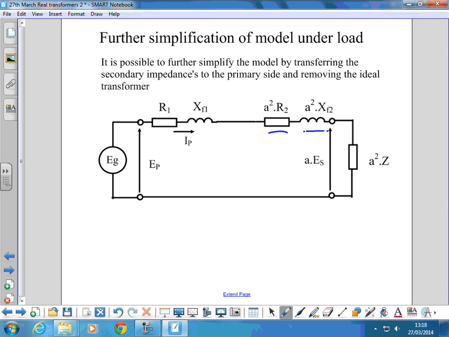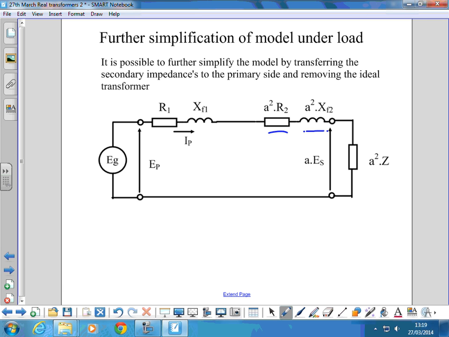We've already done some calculations using that model, but a further simplification is that we can pull the two R's together and the two reactances together into one resistance and one reactance. They're in series, we can just add them together. It's going to be quite rare that we have any particular interest in the value of these components.